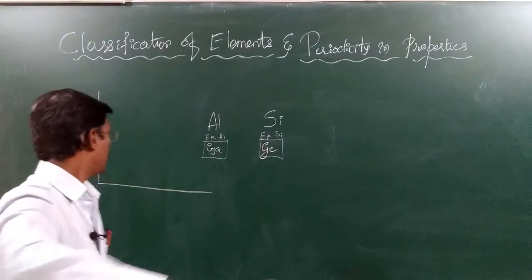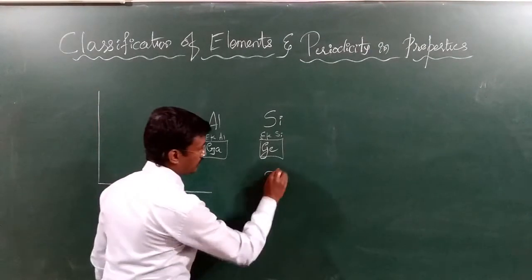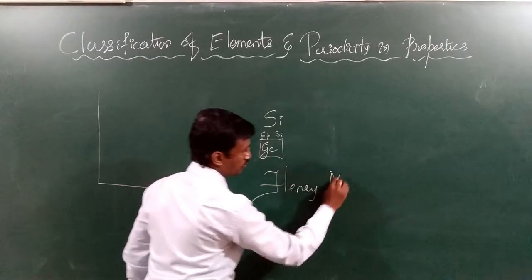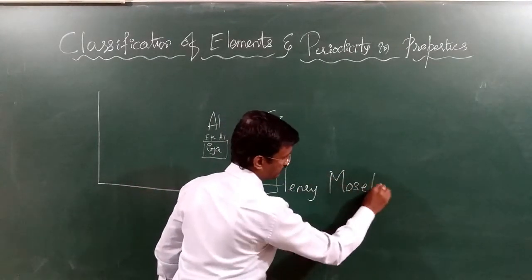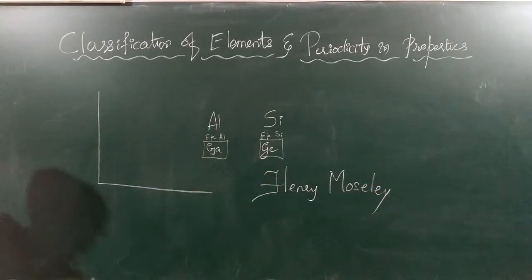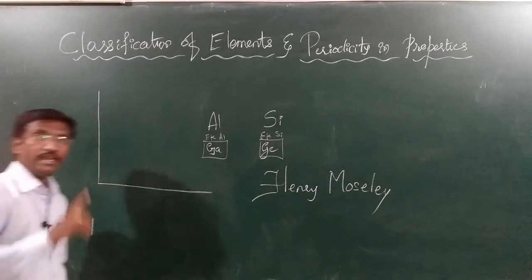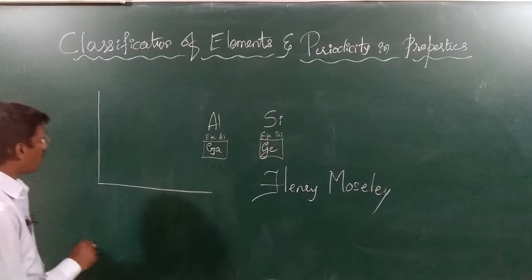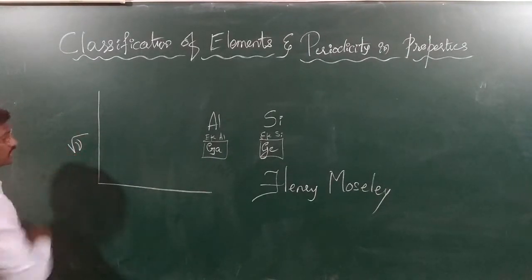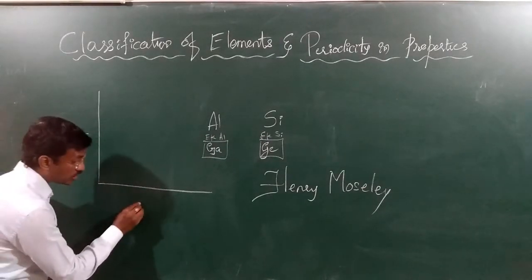After Mendeleev, another scientist came, Henry Moseley. He is one of the great scientists. What he did is he plotted a graph: the square root of frequency versus atomic mass.